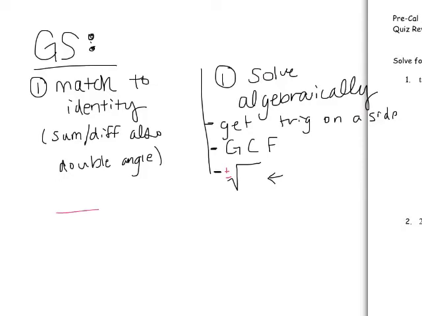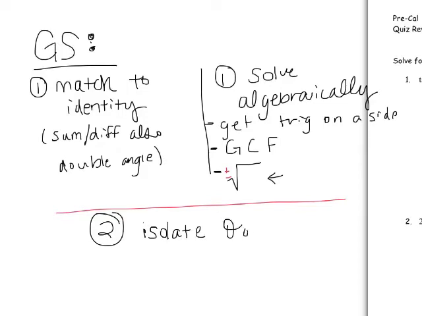And then after you do that first step, all your steps afterward are the same. So you kind of work to get your theta by itself. So isolate theta, or x. I mean, theta is degrees, x is radians. And you may have to take the inverse trig to do that.